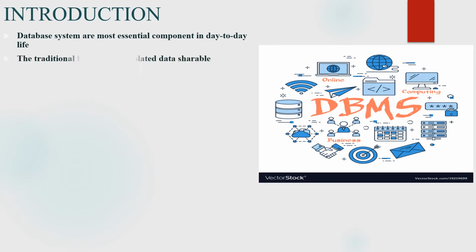Now let us discuss the database in computerized and in traditional format. In a computerized format, we can share our data, like you can share your contacts on WhatsApp or anywhere, right? The same way, the normal database we are speaking about is a shareable one.